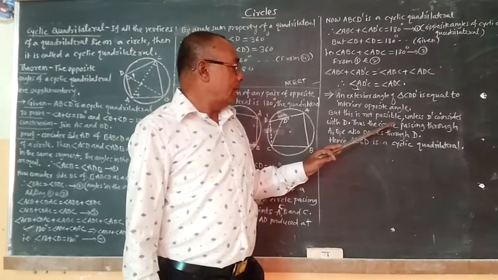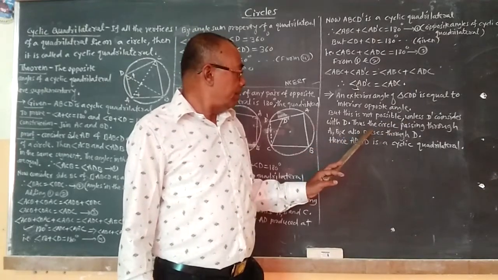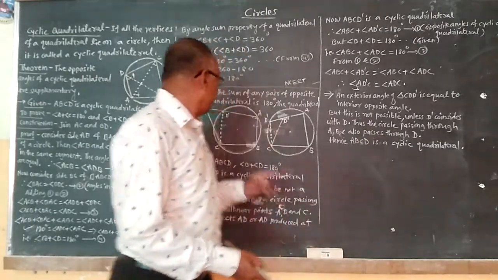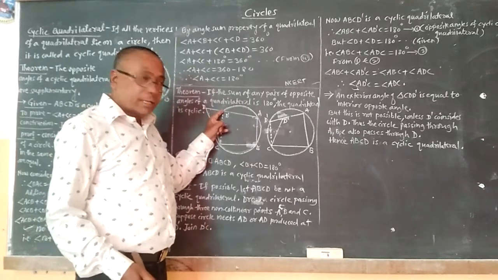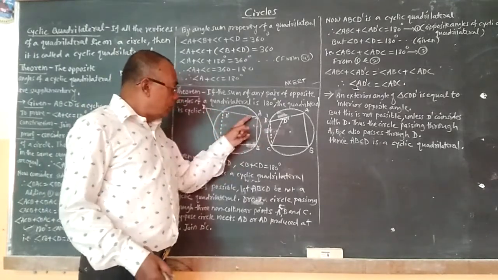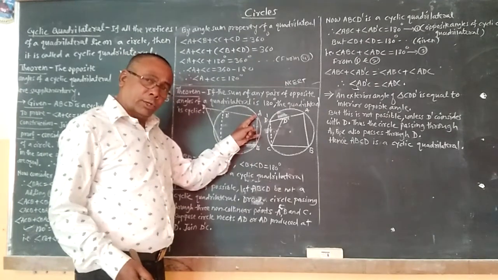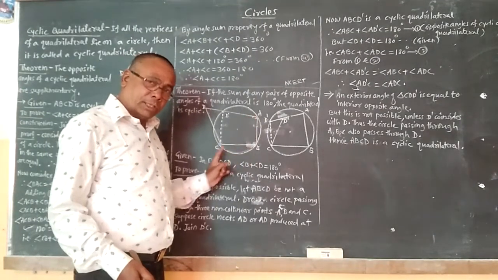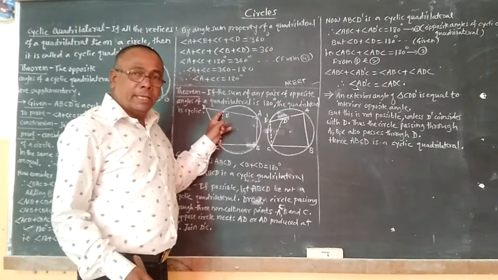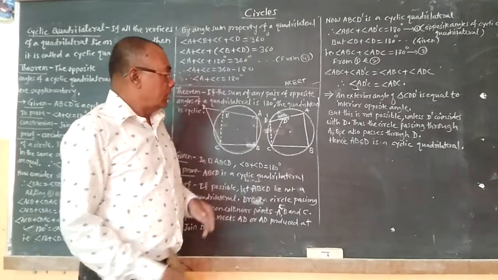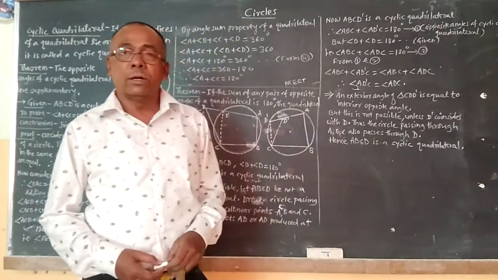And therefore the circle passing through A, B, C also passes through D. If D and D dash are not different but the same point, then the circle we have drawn passes through three non-collinear points A, B, C, and the fourth vertex D is also on the circle, so we can say that ABCD is a cyclic quadrilateral.